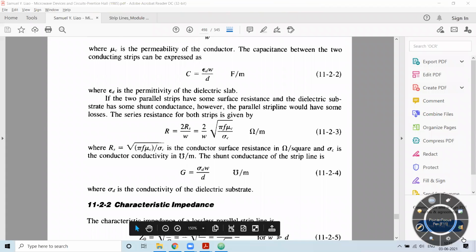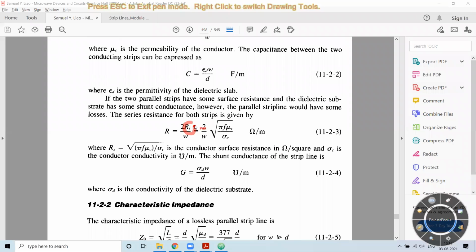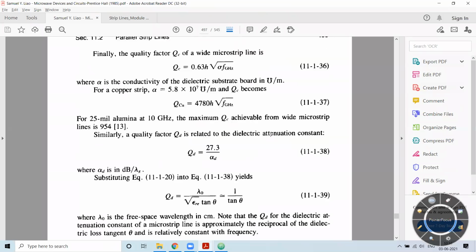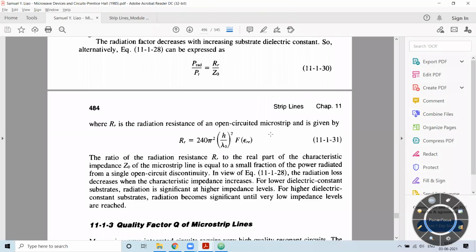Now, next, the resistance is given by the surface resistance. You had seen in the previous discussion what Rs is equal to. Rs was given by this parameter. Here we had observed it.